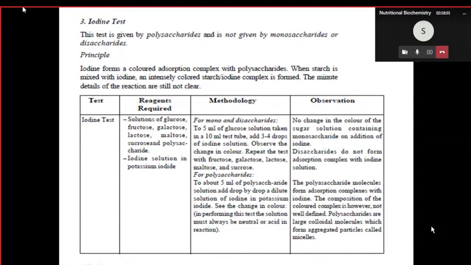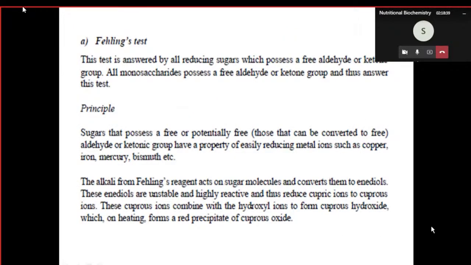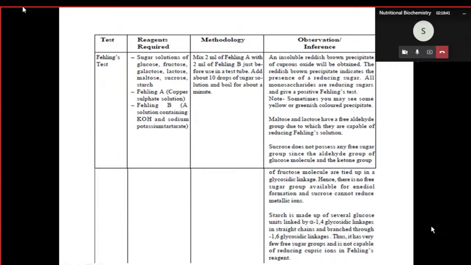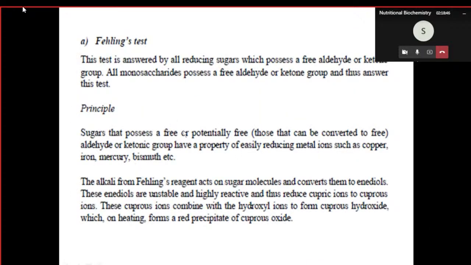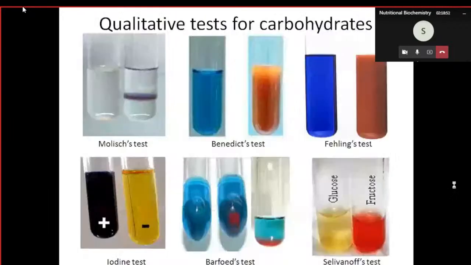Please write down the principle from here for all the tests. It's there in your books also. I don't want the structure and all that, only the principle which is given here.